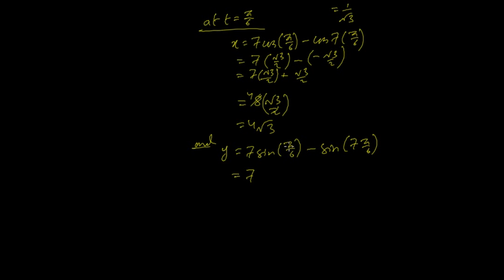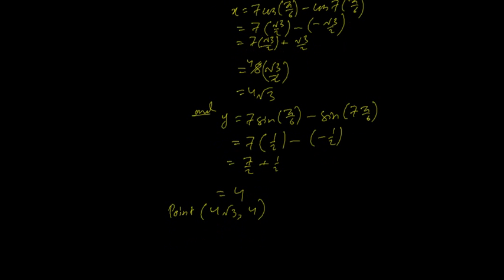So this would be 7 sine pi by 6, which is half, minus sine 7 pi by 6, which is minus half. So this would be 7 by 2 plus half. So this would be 4. 7 by 2 is 3.5, 3.5 plus 0.5 is 4. So we have the point, x coordinate 4 square root of 3 and y coordinate 4.